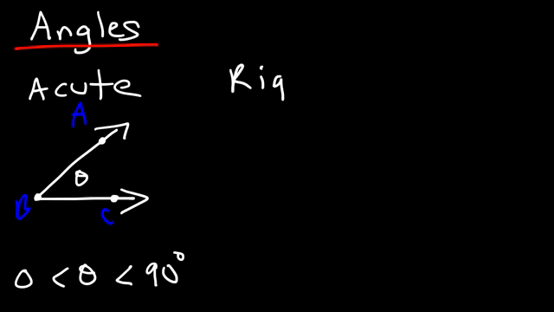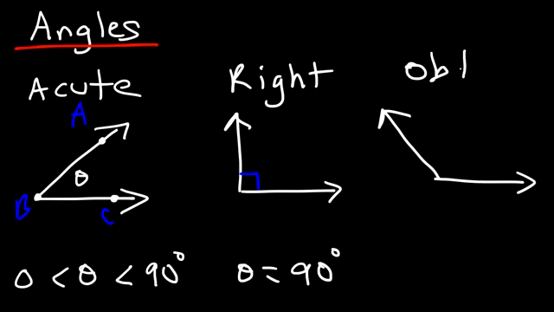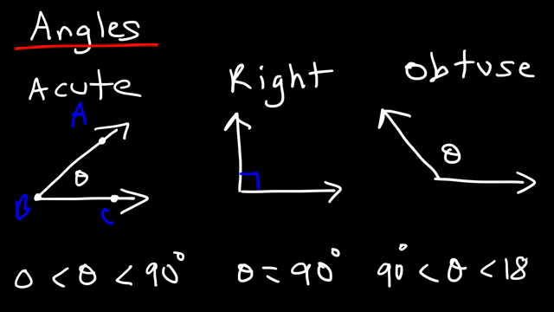The next angle is the right angle. And a right angle has an angle measure of 90 degrees. The next one you need to be familiar with is something called an obtuse angle. So the obtuse angle has an angle that's greater than 90 but less than 180.